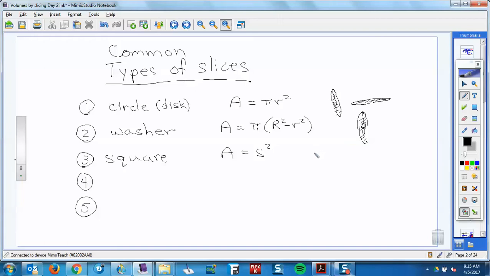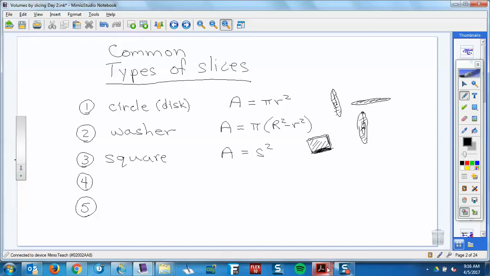So we could have square type slices. If I want to make it a little bit three-dimensional, I could. But here's going to be your strip right here.